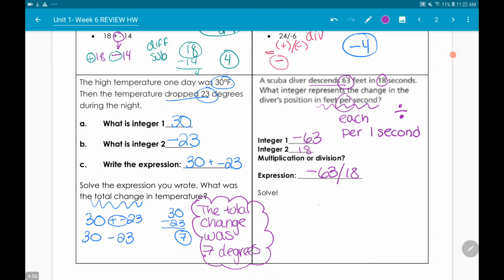Alright, so I set up my division problem. 18 times 3 is 54. That's 9. Bring down 0. And 18 times 5 is 90.